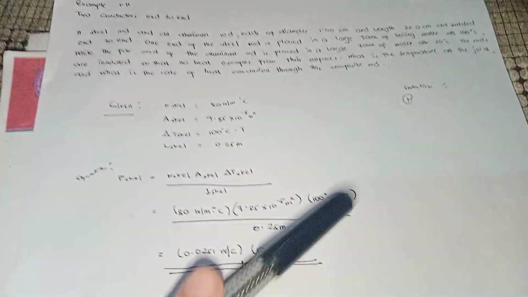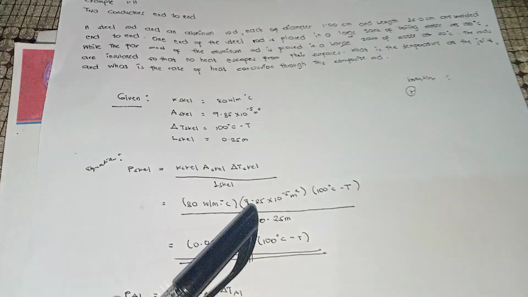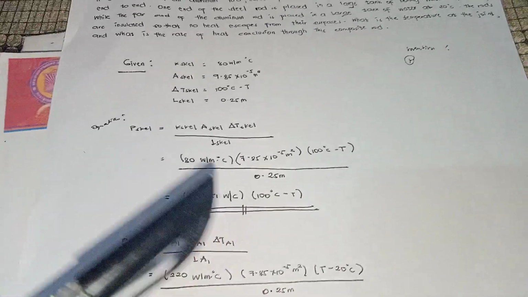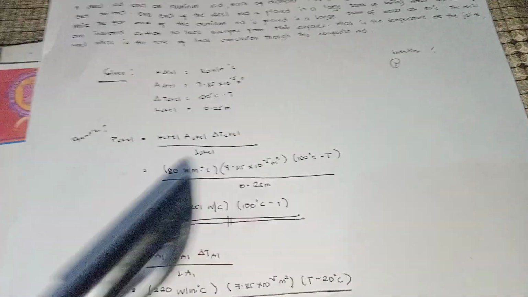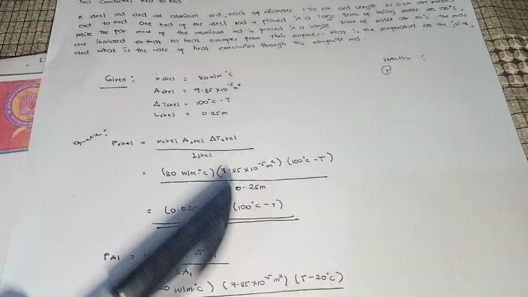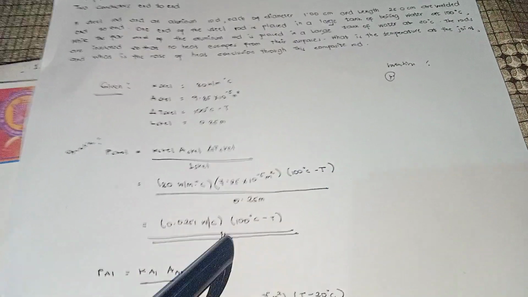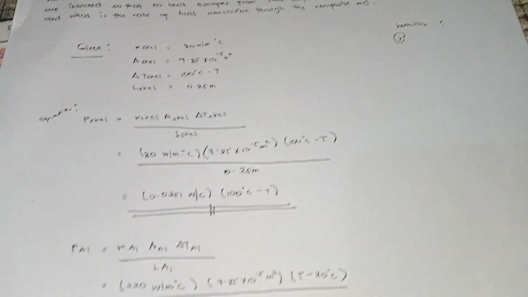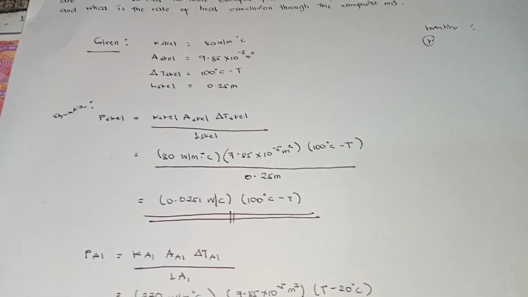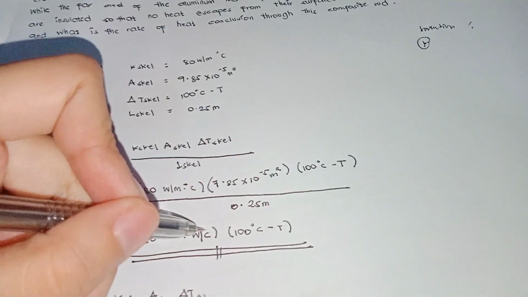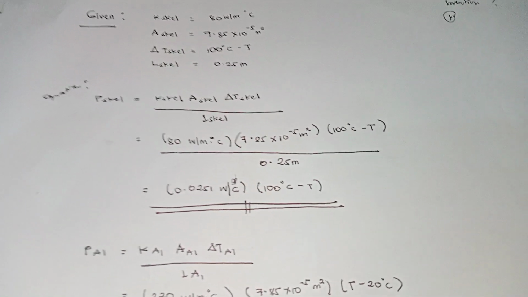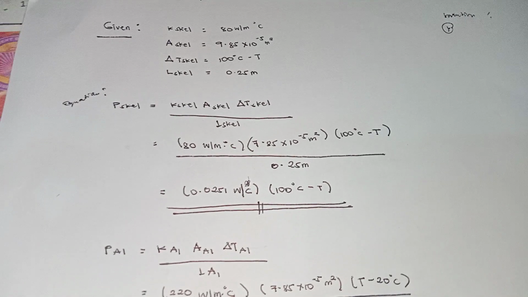So, we multiply and then divide. And we arrive at an answer of 0.0251 W per degrees Celsius. And then we also copy 100 degrees Celsius minus T.